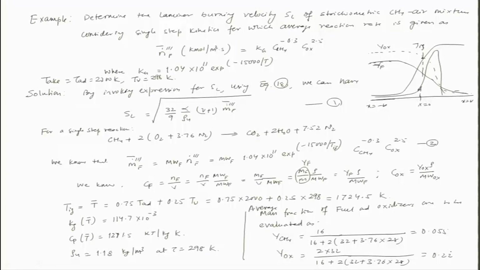However, when we use this in the expression for the mass consumption rate of the fuel per unit volume in equation 2, I will have to use the average values.